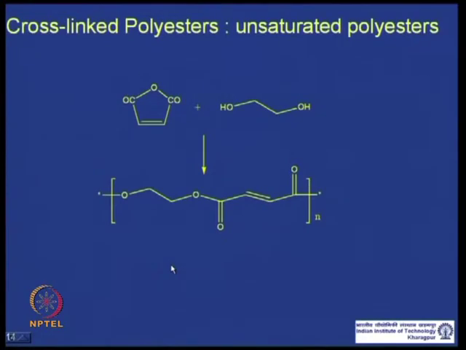Move to the next one, which is cross linked polyester. In this case, one example that can be taken is maleic anhydride reaction with ethylene glycol, and once it forms, the polymerization is complete. At the end, you have a double bond in the polyester backbone. So, you have synthesized in this way an unsaturated polyester.